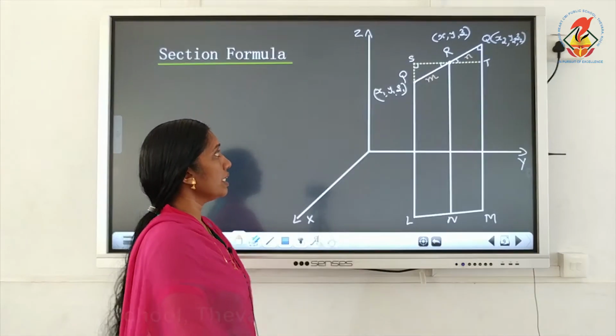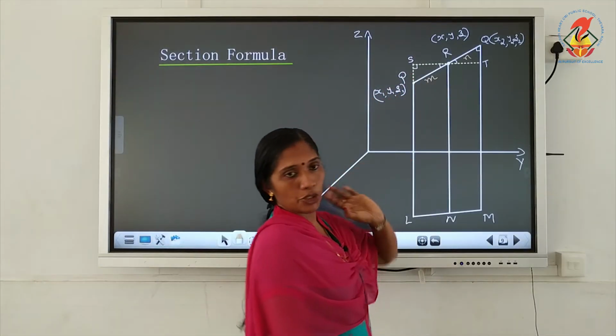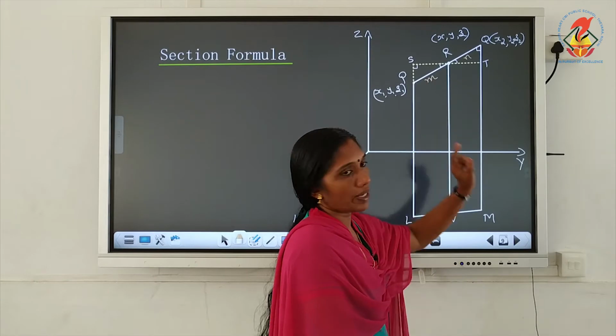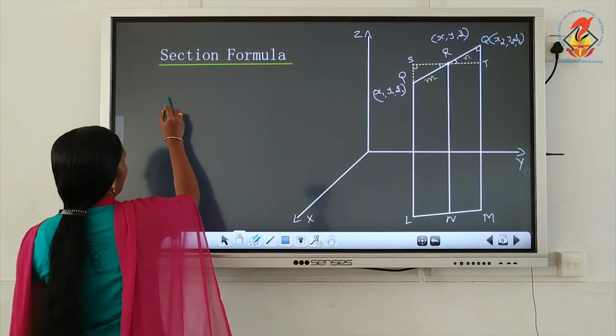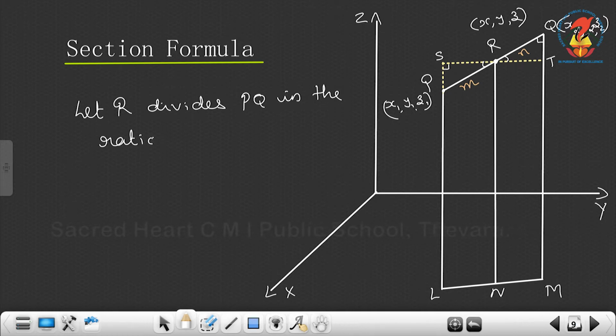The same way here, the points are in space. The given points are P (x1, y1, z1) and Q (x2, y2, z2). Let R divide the line segment joining PQ in the ratio m is to n.